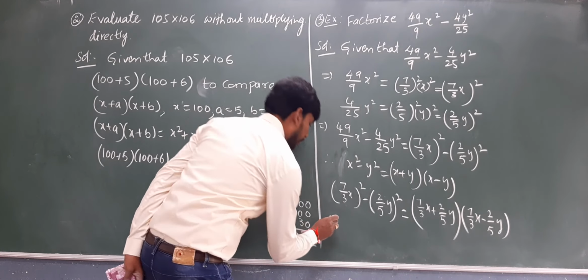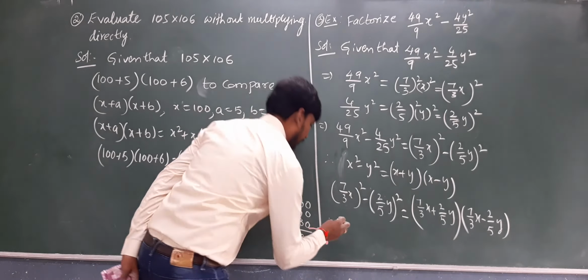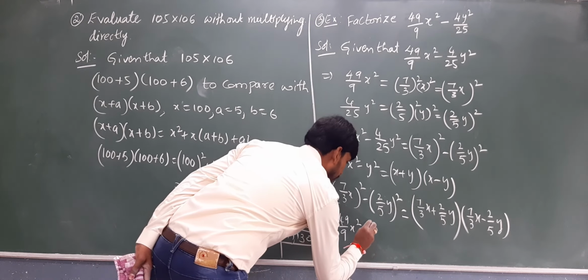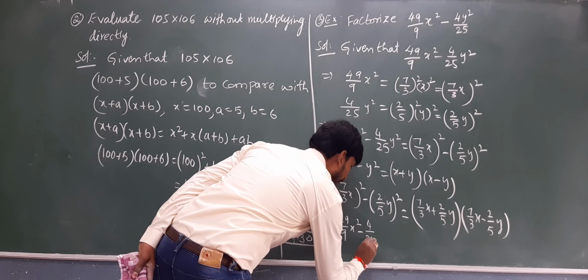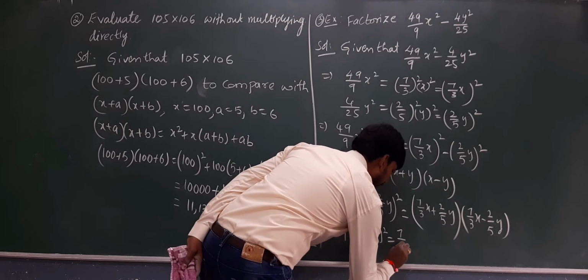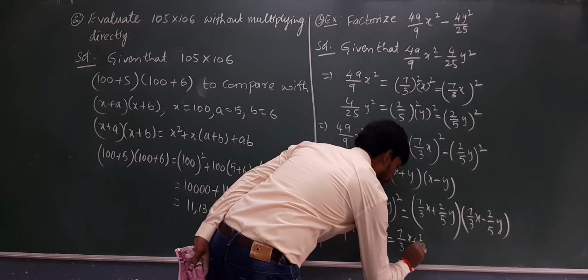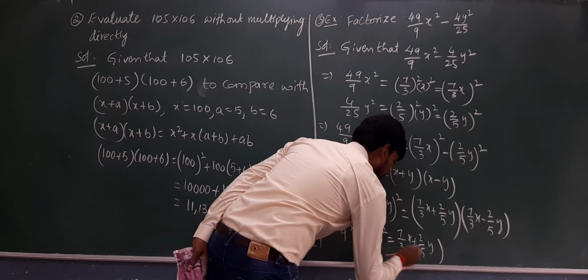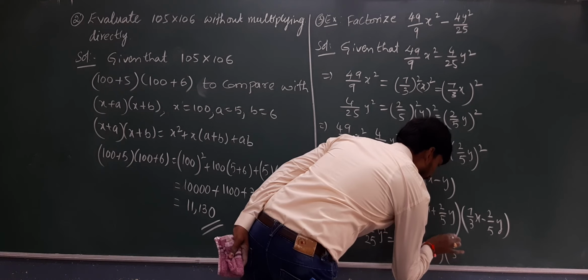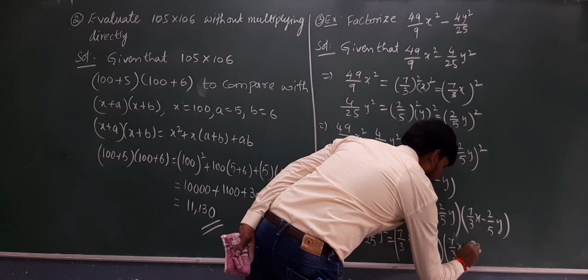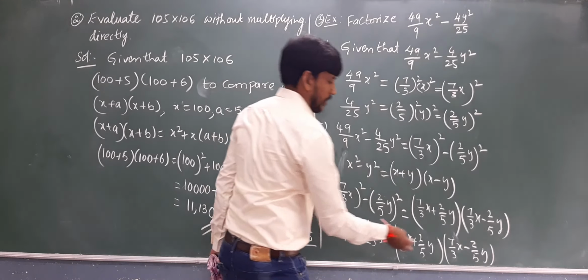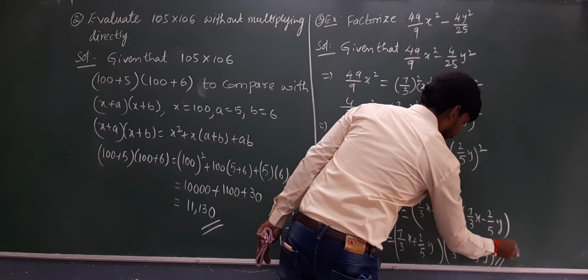So write the answer: 49 by 9 x square minus 4 by 25 y square can be written as 7 by 3 x plus 2 by 5 y into 7 by 3 x minus 2 by 5 y. Clear? So this is your answer.